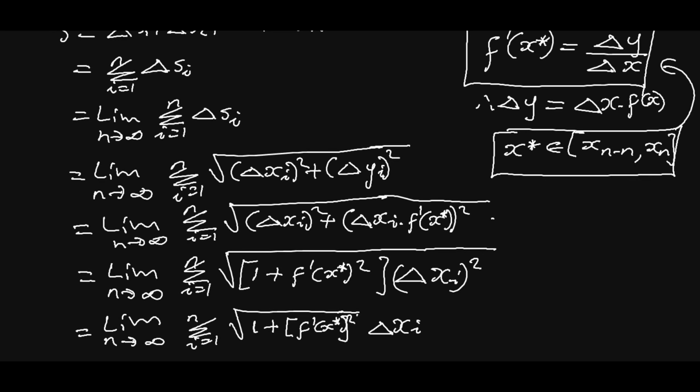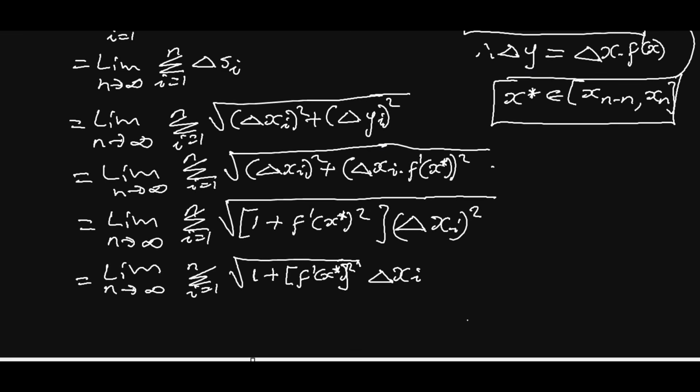So this one is outside, so the square root ends here, this delta xi is outside. What we have just shown is that the delta si that we started with here can be written as the right hand side, is equal to this.